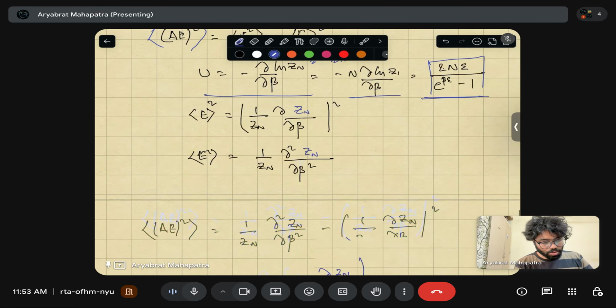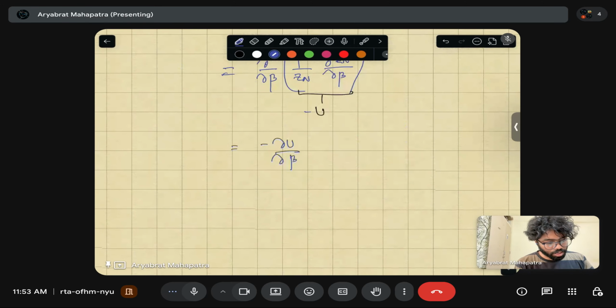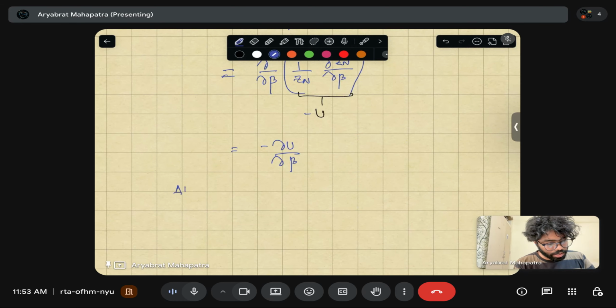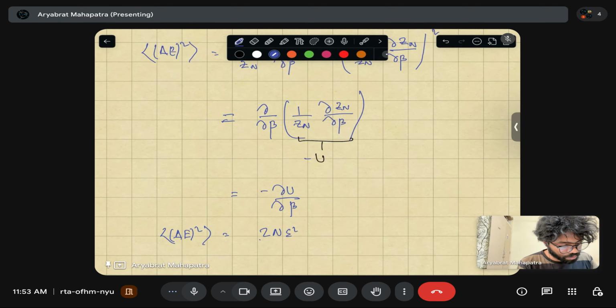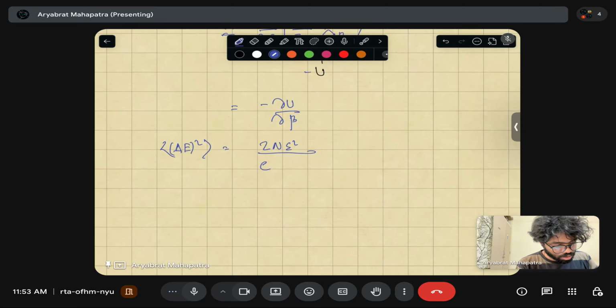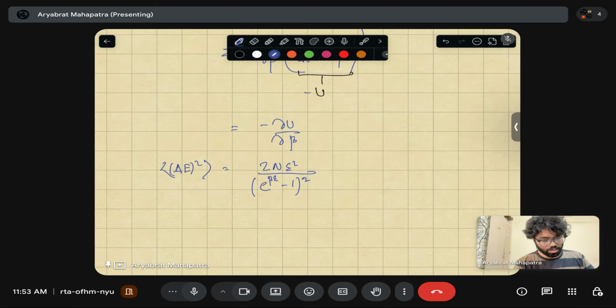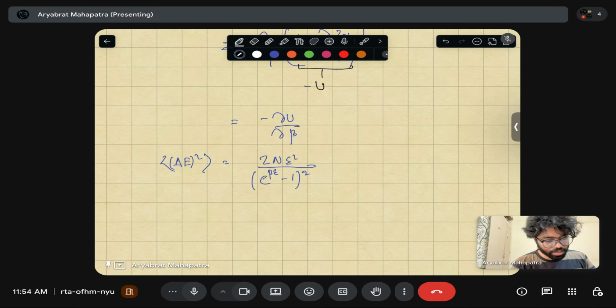It would give delta E square average is 2n epsilon square, and the derivative will force the exponential beta epsilon minus 1 term to become square. So yeah, this is what you will have for the fluctuation.